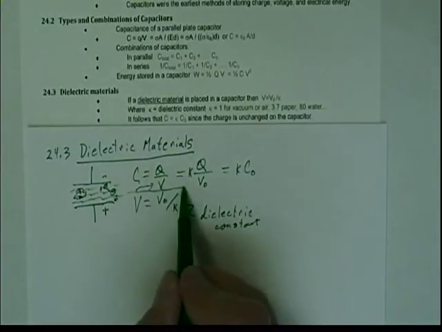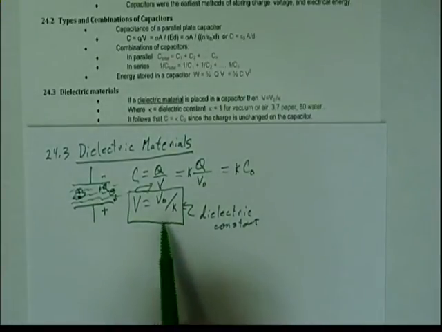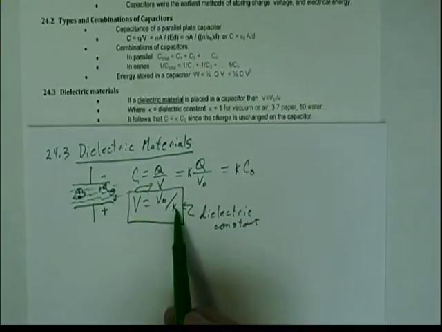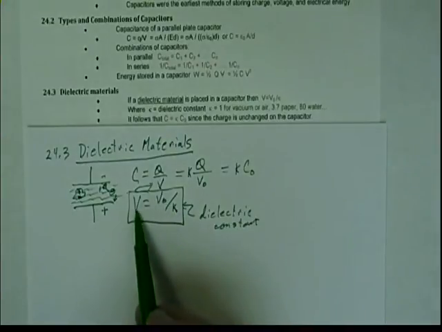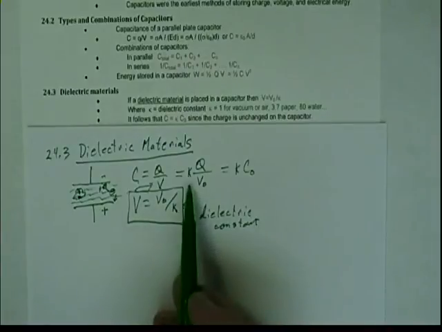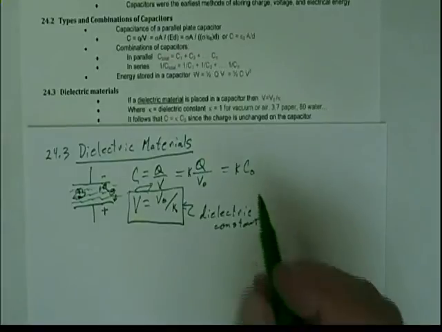And so if you remember this formula, it's very easy to realize that kappa, being a number greater than 1, is going to lower the voltage. I now have a reduced voltage. When I plug that into the capacitance, I end up with a higher capacitance.